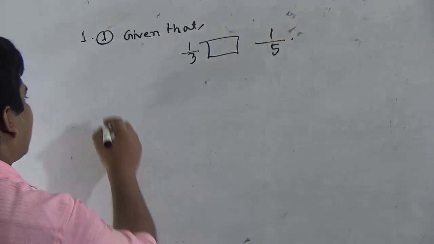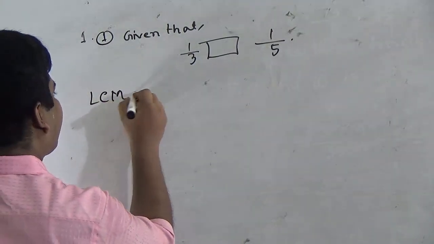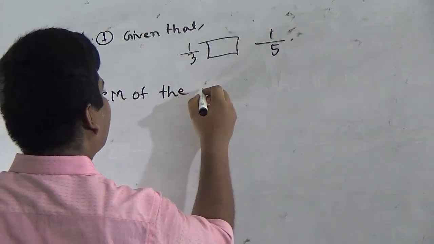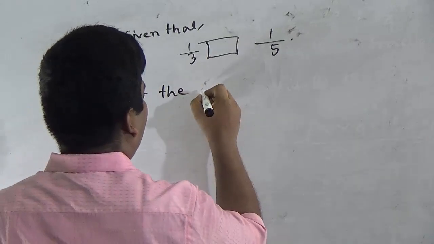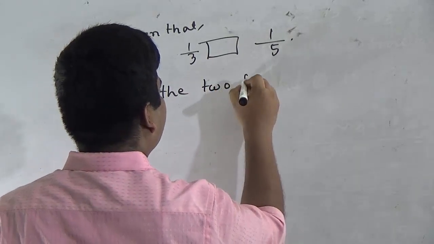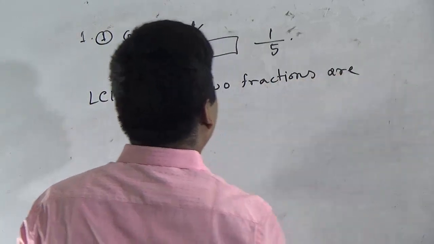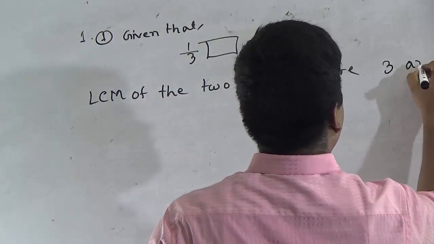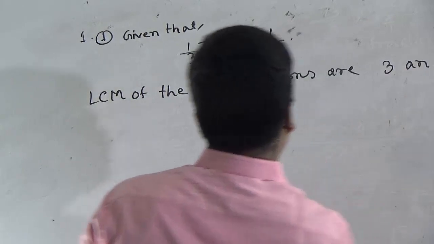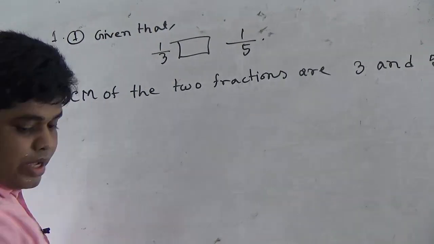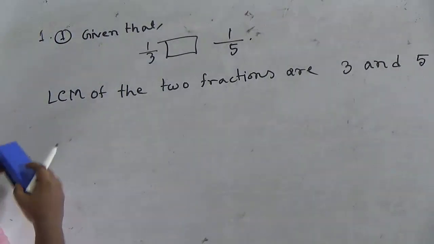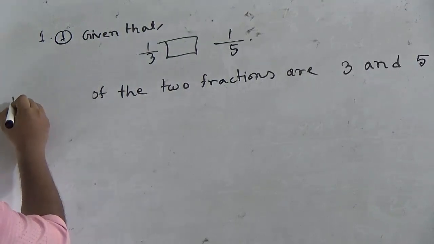That means the LCM of the denominators of the two fractions, 3 and 5. Sorry, this is not LCM, it will be denominators.